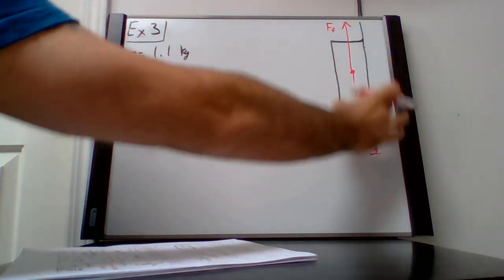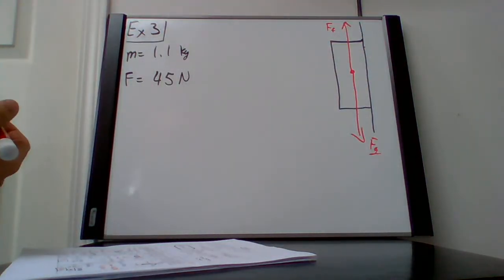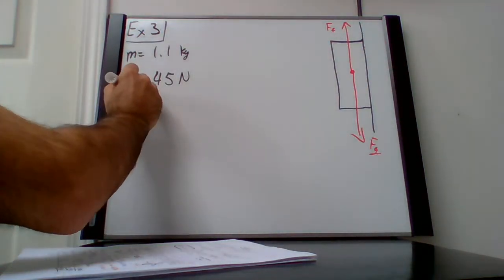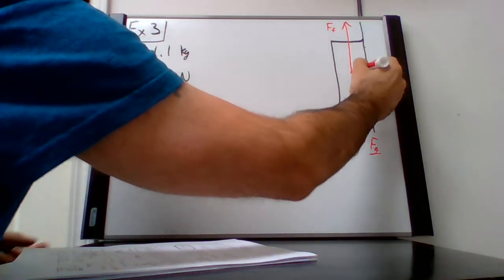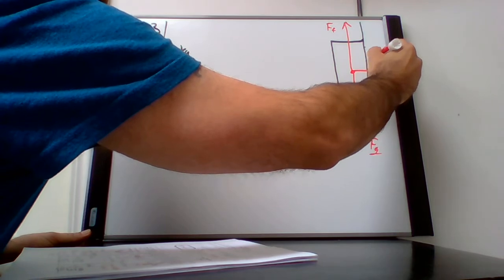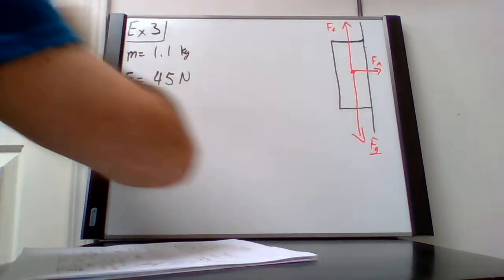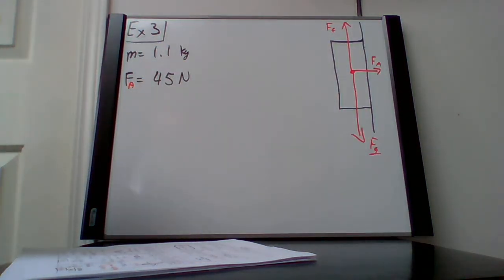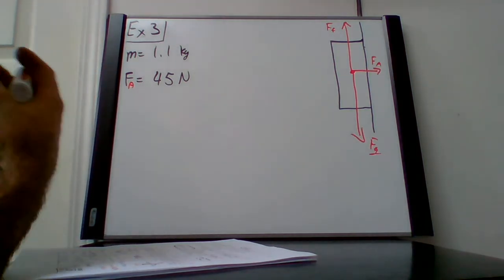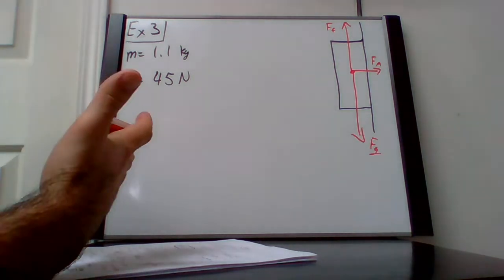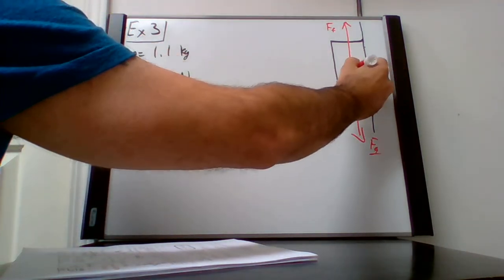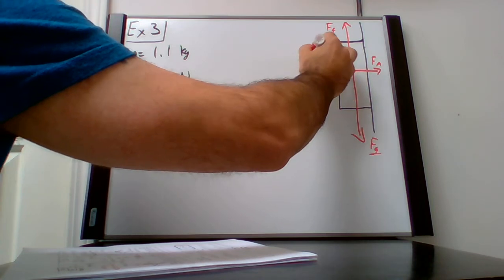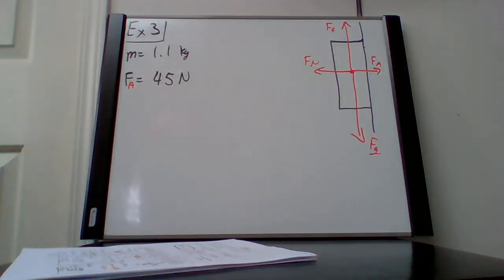The wall is opposing this force. Now this 45 newtons, this is the applied force. We're pushing against it with a force applied of 45 newtons. And our normal force is the force of a surface pushing back against. So if we have this Fa in that direction, that means we have this Fn in this direction.